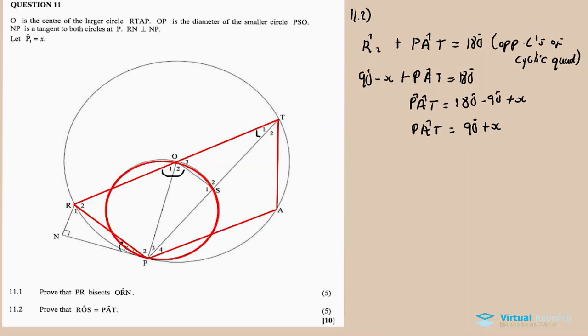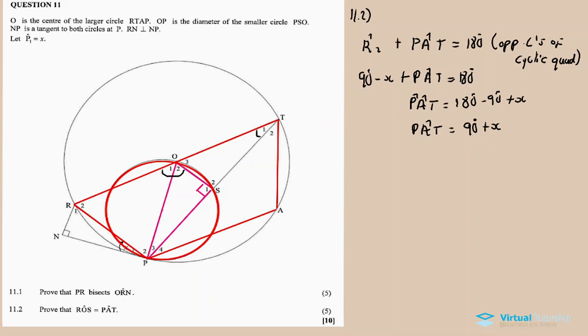This small triangle also has a diameter, meaning theorem number 3, we can also apply that angle in a semicircle is 90 degrees. So it means OS is perpendicular to PT, and if these lines are perpendicular, it means it's 90. So for this triangle, I have 90 as well as T1.